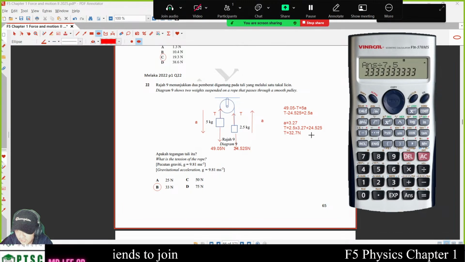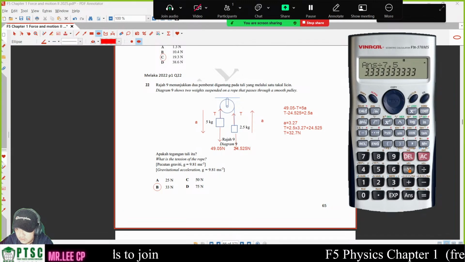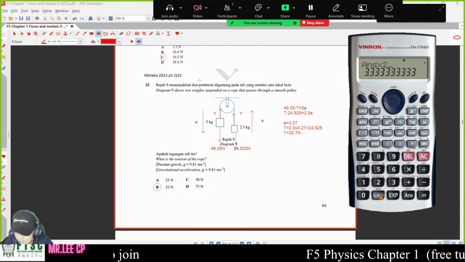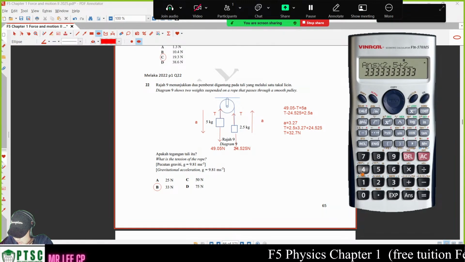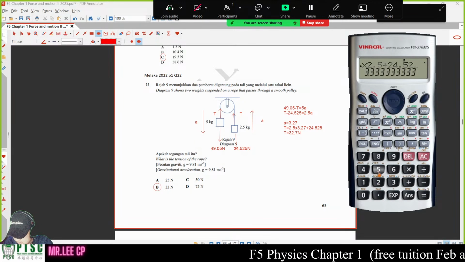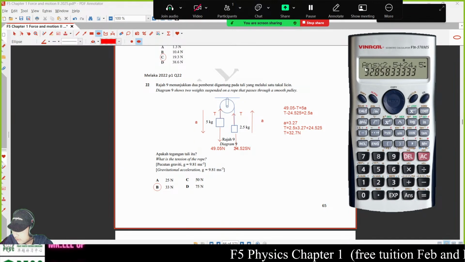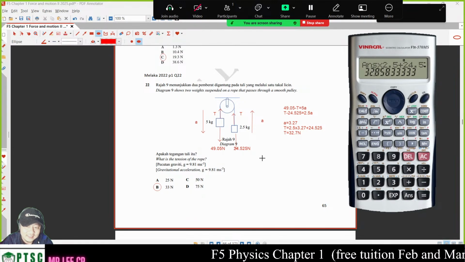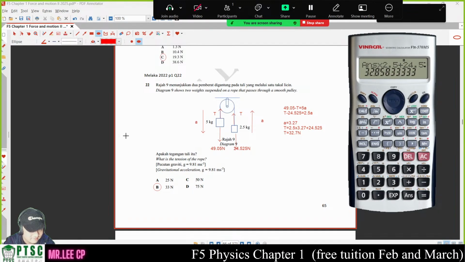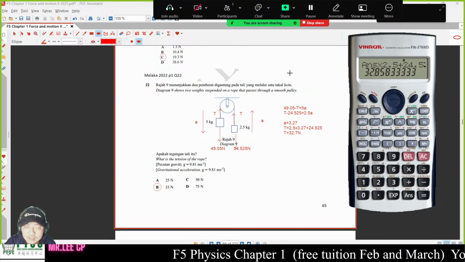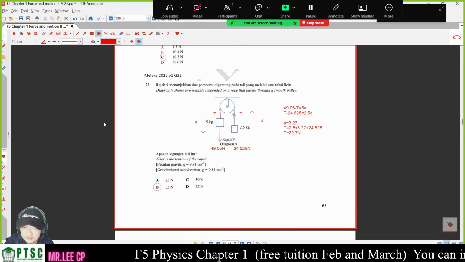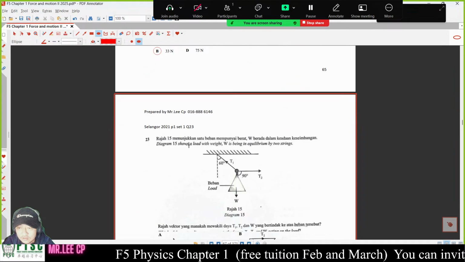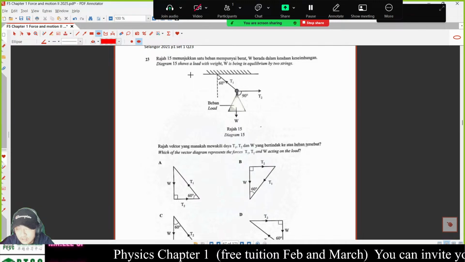The acceleration is 3.33. Then 3.33 times 2.5 plus 24.525. They use G as 10. Some teachers will use G as 10. It is very near to 33.